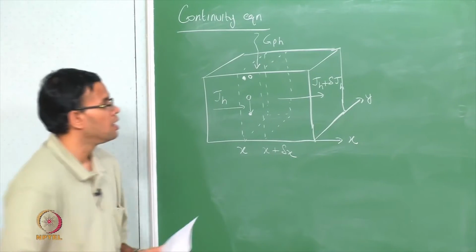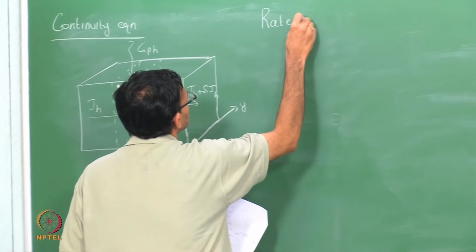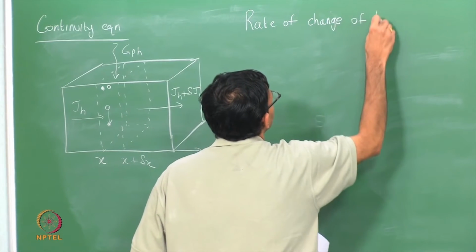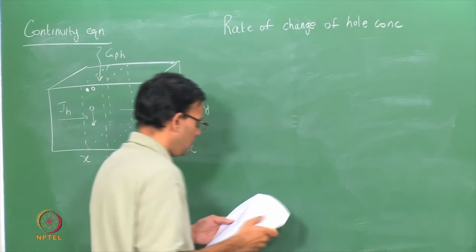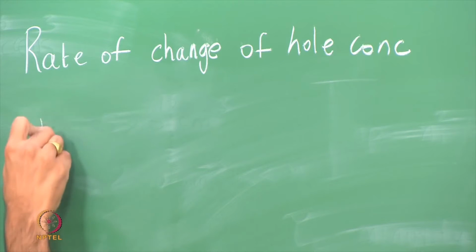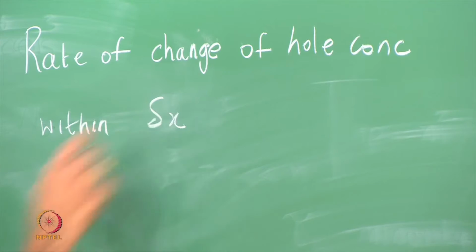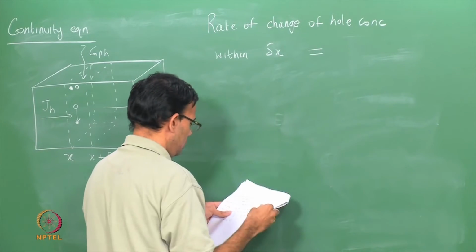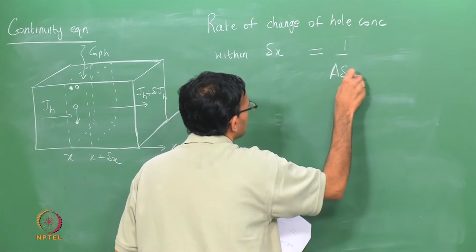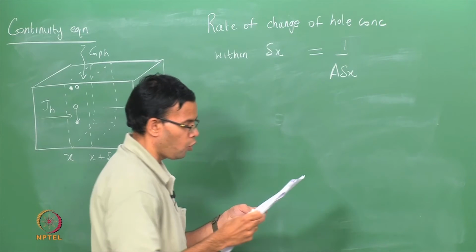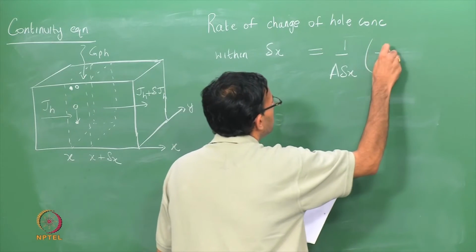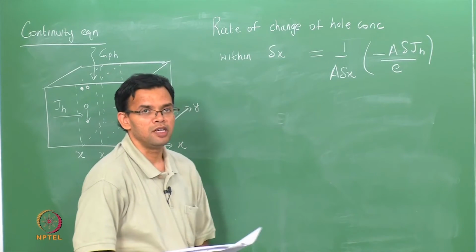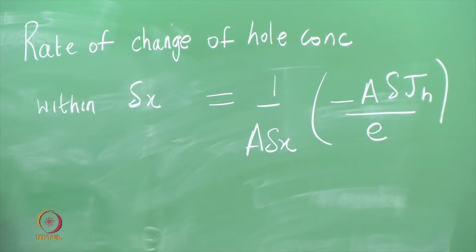In this particular case, the rate of change of hole concentration within this portion delta x, where delta x is a small region of the slab, is nothing but 1 over A delta x, where A is the area so that A delta x is the volume, minus A delta JH over E. Delta JH is the change in flux as you go through the region.